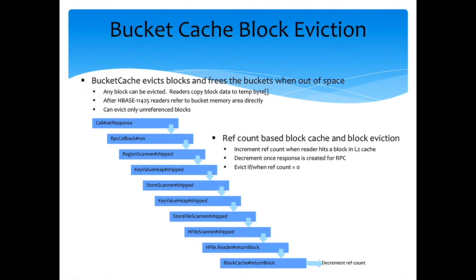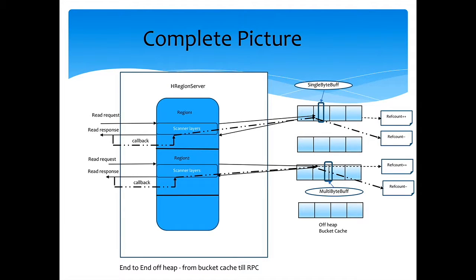There we do the decrementing part. So this is a simple reference counting mechanism that ensures the eviction does not happen till the reference count becomes 0. This ensures that any block we are referring to is not evicted and we are able to serve the read, and only then do those blocks become ready for eviction. After all these things were done, this is the complete picture.